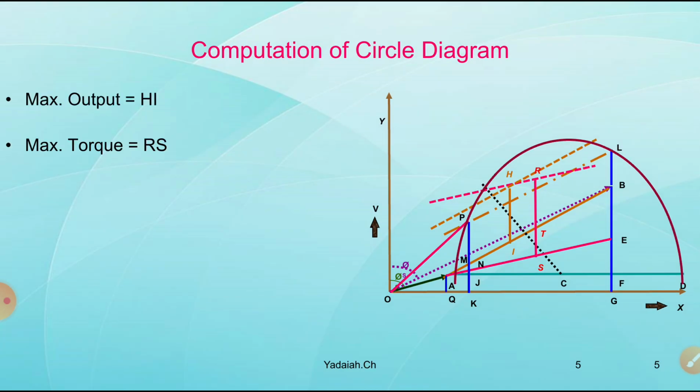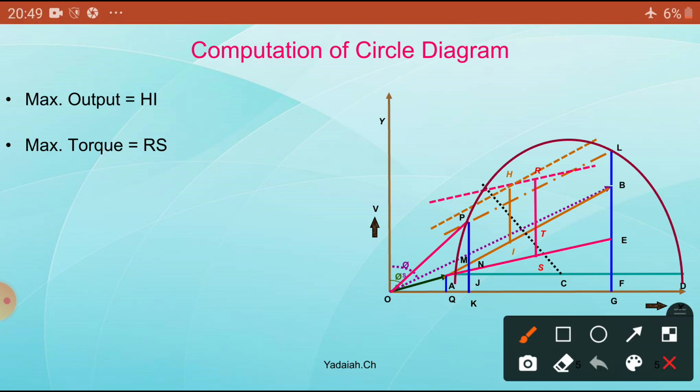And maximum output. What is the maximum output? We draw one tangent parallel to the output line. Where is the output line? AB is the output line, and the tangent is parallel to AB. It touches the semicircle at point H, and we drop one line, here is H, this is I. That length indicates the maximum output.